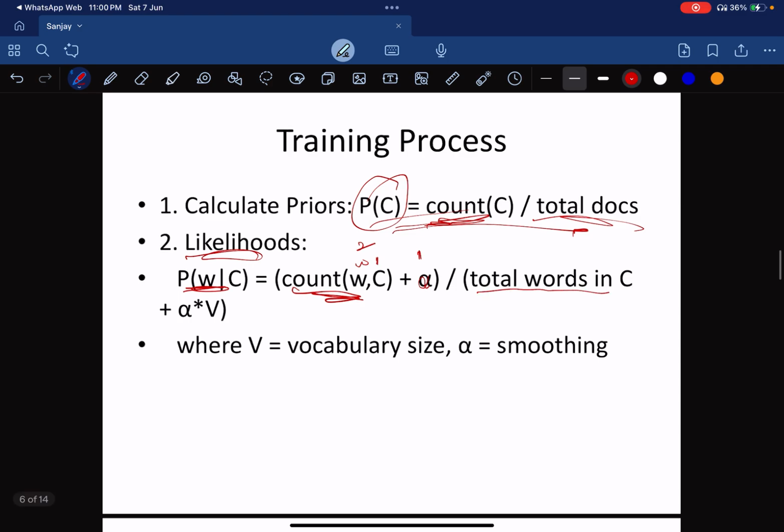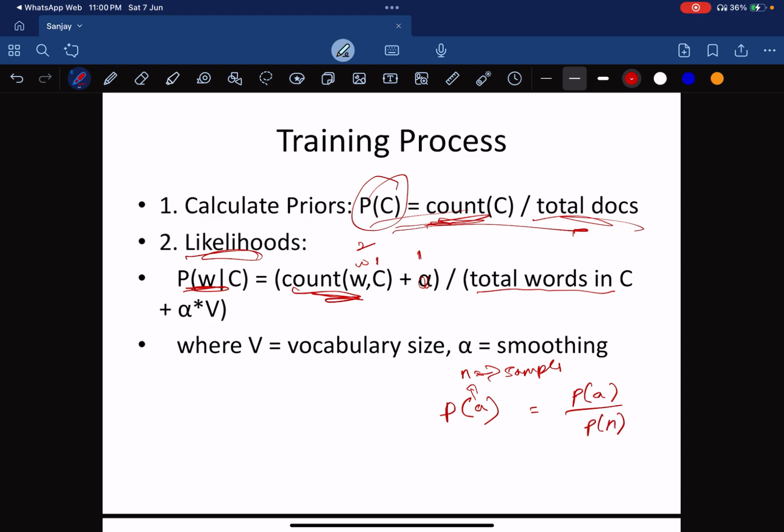And then the total words in the class. If you find the number of times x occurs in that class, then the probability will be that number over the total. You know the simple probability, right? If n is the total sample size and you want to find the p of a in that n, it looks like the count of a divided by n.